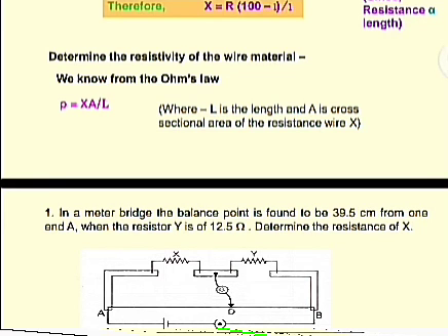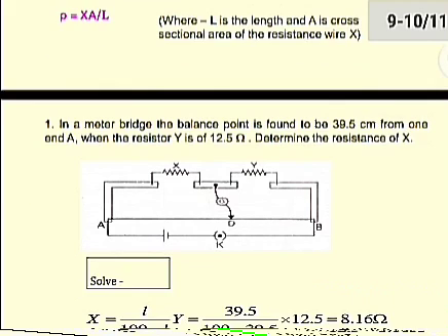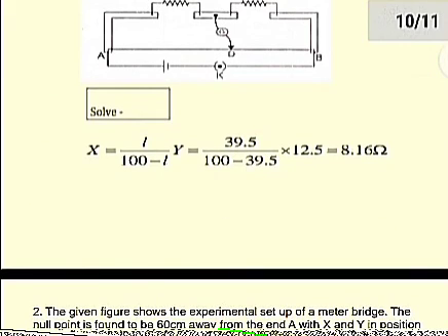Then apply the formula X is equal to L upon 100 minus L into Y, that is equal to 39.5 upon 100 minus 39.5 into 12.5. We calculate it, then we get 8.16 ohm. It means the value of the resistance X is 8.16 ohm.